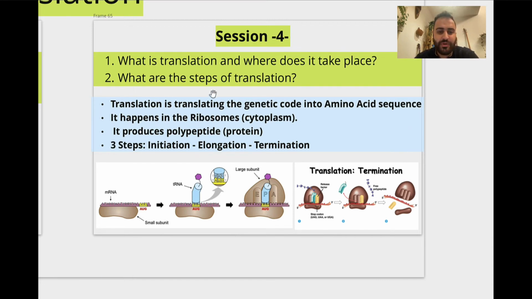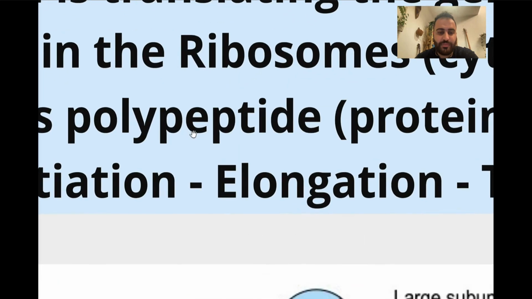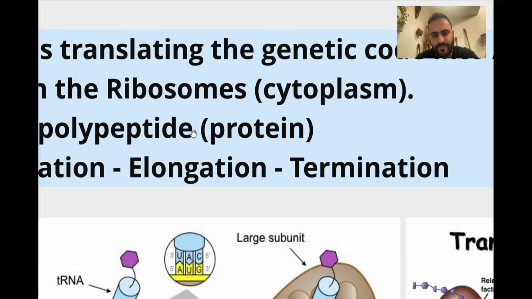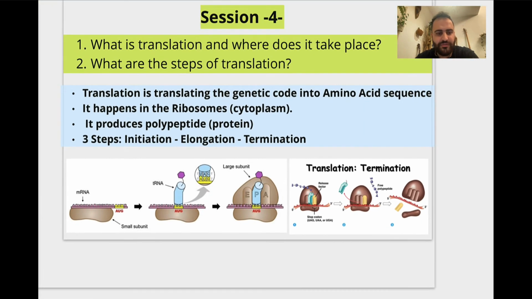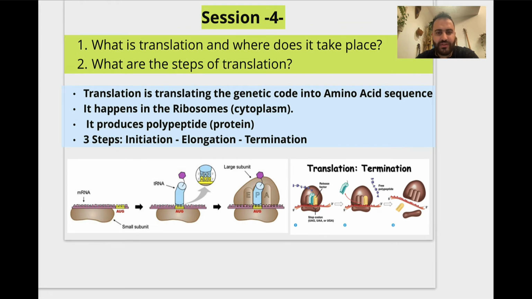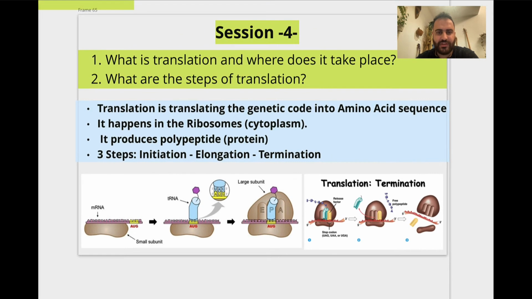And the end product of translation is polypeptide, which is a protein, or which is going to be the future protein. So what are the three steps of translation briefly? The first step is called initiation, then elongation, then termination, and they happen all in the ribosome.